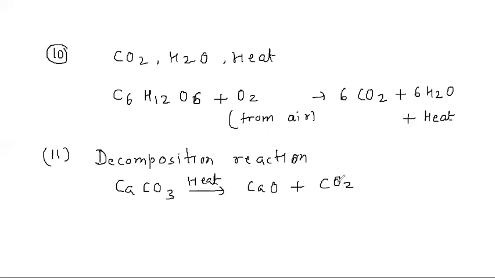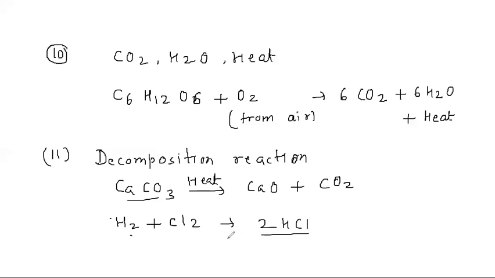So this is an example of decomposition reaction, and the reverse of it happens in case of combination reaction, like H2 plus Cl2 gives 2HCl. So in case of decomposition, the reactant is single and products may be 2 or more. In case of combination, there will be 2 or more reactants and the product will be 1.